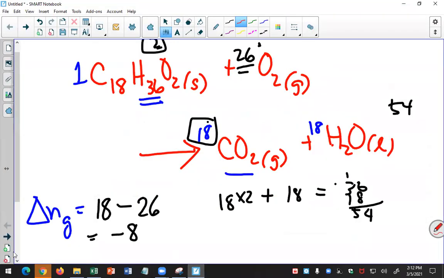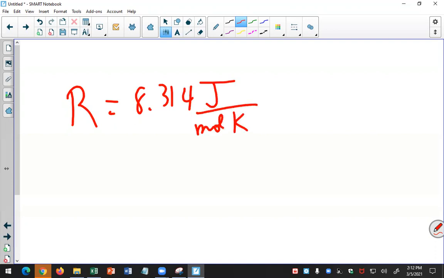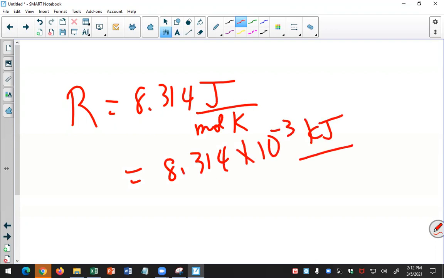So R is 8.314 joules per mole Kelvin. That's 8.314 times 10 to the negative 3 kilojoules per mole Kelvin, okay? Don't forget that one, because my answer needs to be in kilojoules.